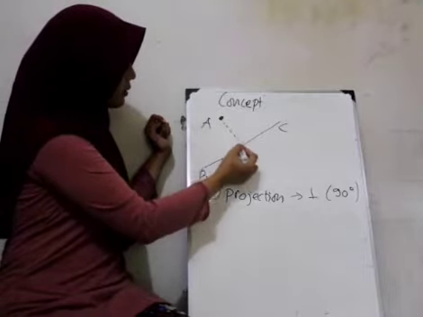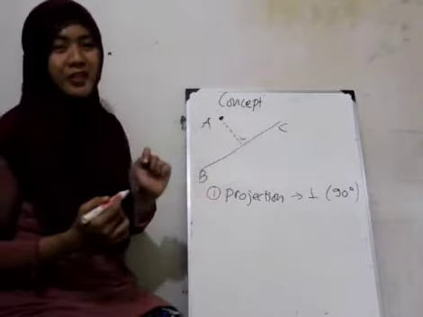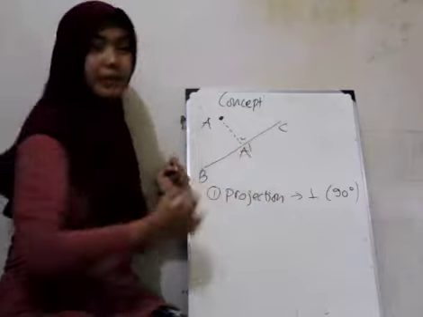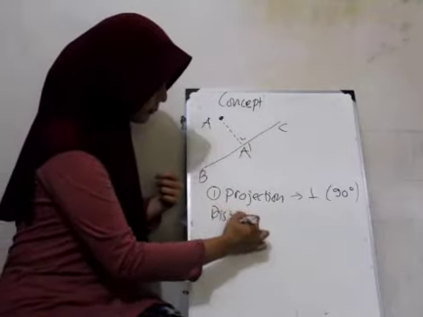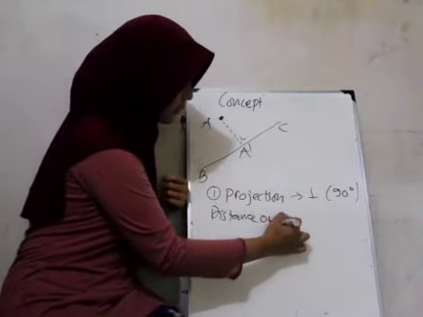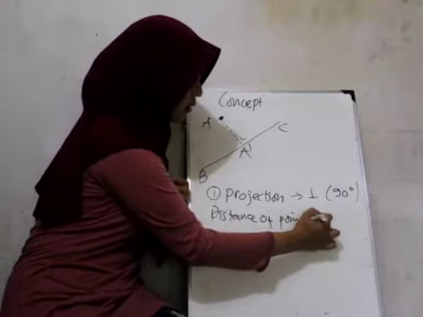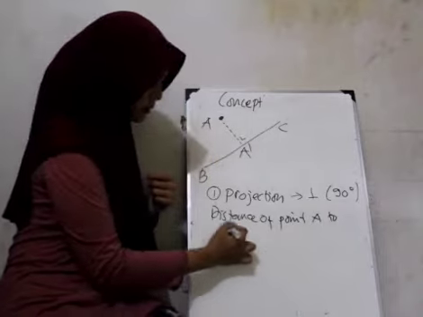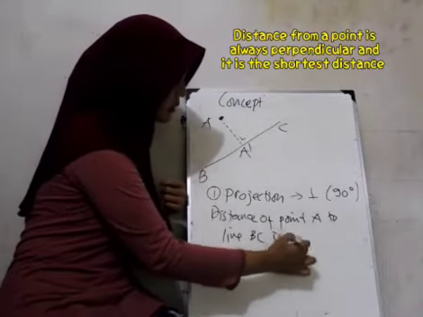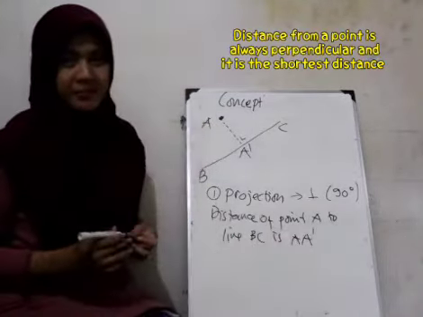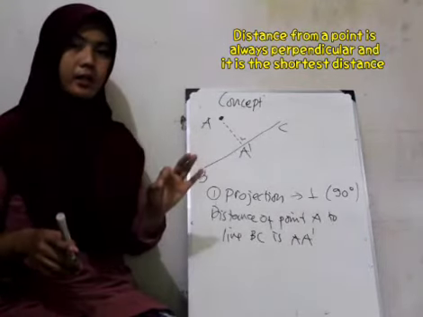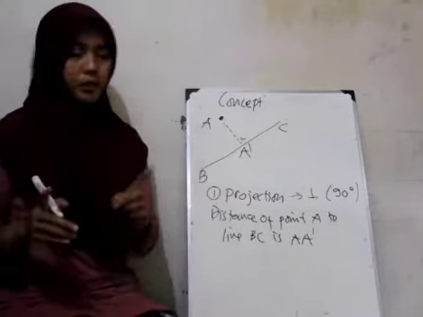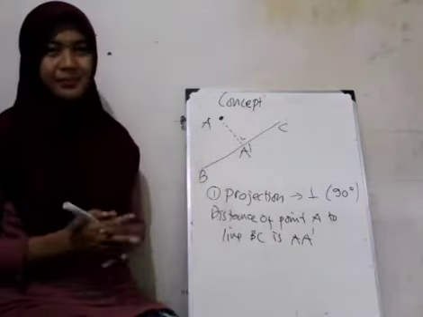So I make it like this. This is perpendicular, and then I name it B prime. So the distance of point A to line BC is AB prime. Remember, it has to be the projection which is perpendicular to the line.